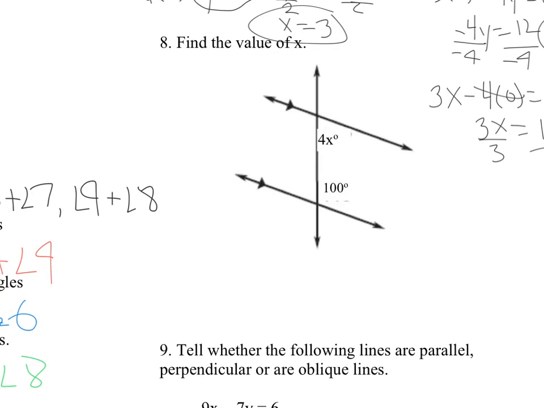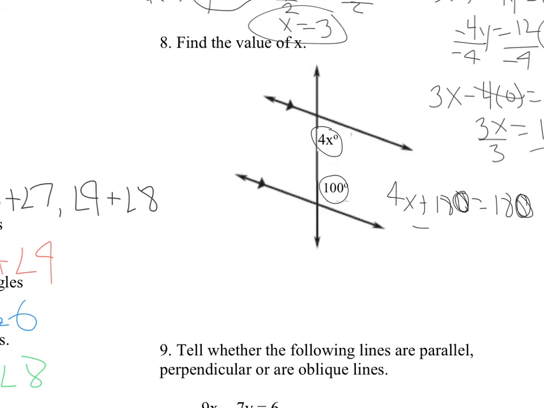8, find the value of x. These two angles, 4x and 100, are consecutive interior, which are supplementary. Also, that was noted on the answer key. So these two have to add up and equal 180. Sorry, the pen's getting a little crazy here.